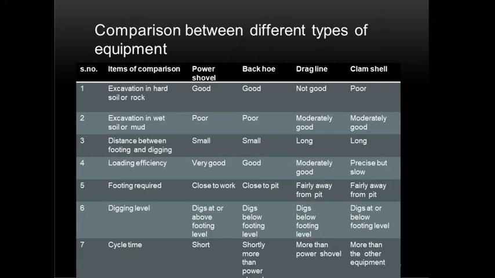The first is excavation in hard soil or rock. The power shovel is good in excavation in hard soil and hard rock. Backhoe is also good in excavation in hard rock and hard soil. Dragline is not effective in hard rock and hard soil because mostly it is used for loose soil. Again, clamshell is also not usable for hard soil and hard rock.